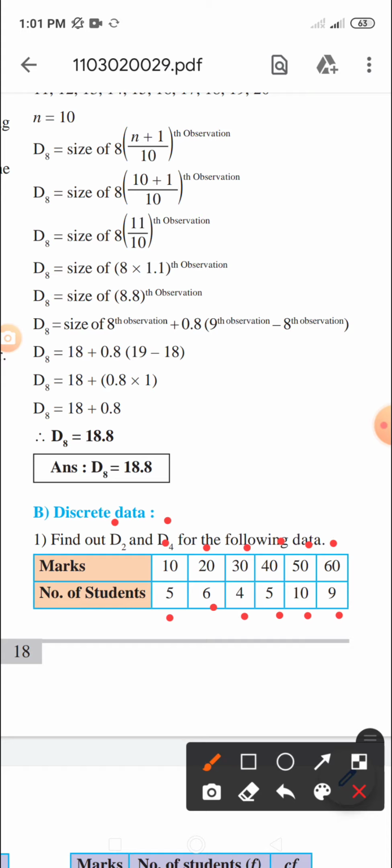So these are the marks, that is X, and the frequency, that is F, given here.